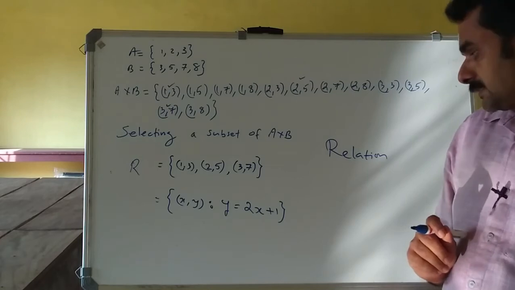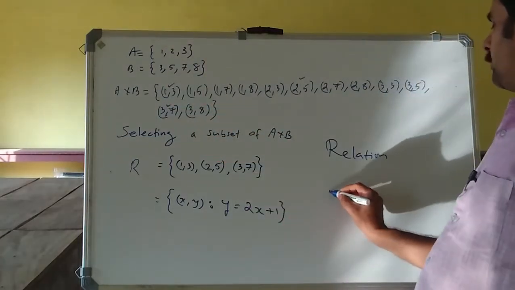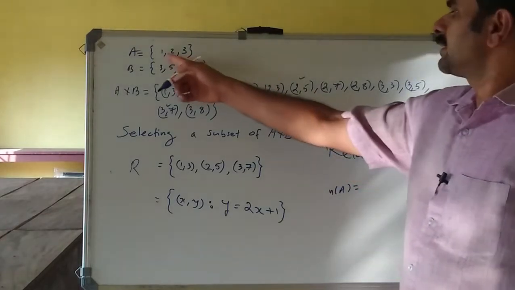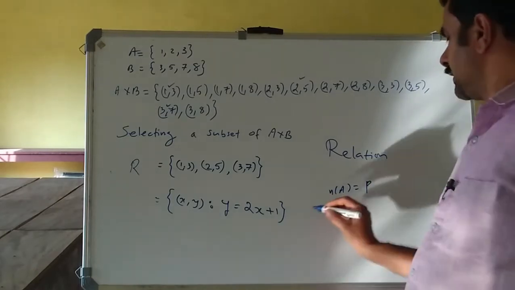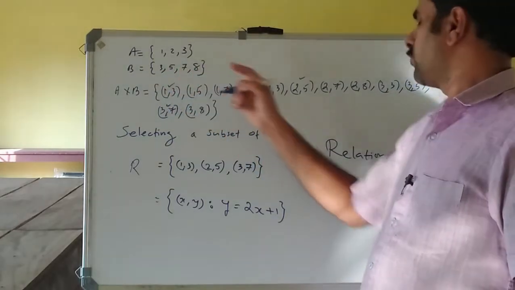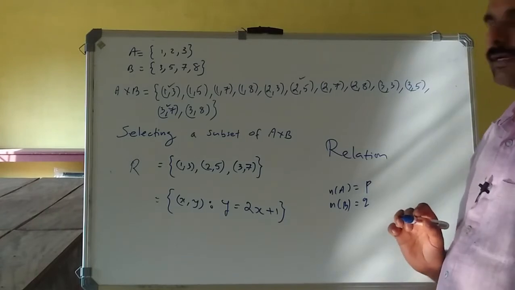Suppose the number of elements in A is 3; let us take it as p elements. Number of elements in B: 1, 2, 3, 4. Let it be q.